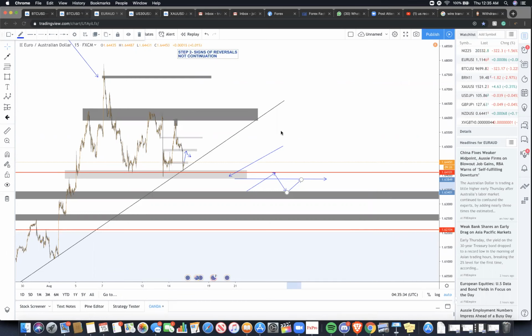Perfect. So for your homework, if you're on demo or if you're on live trading, I want you to look at a pair, make an assessment, and take a trade. All right? If you can't find a confirmation, don't take the trade.